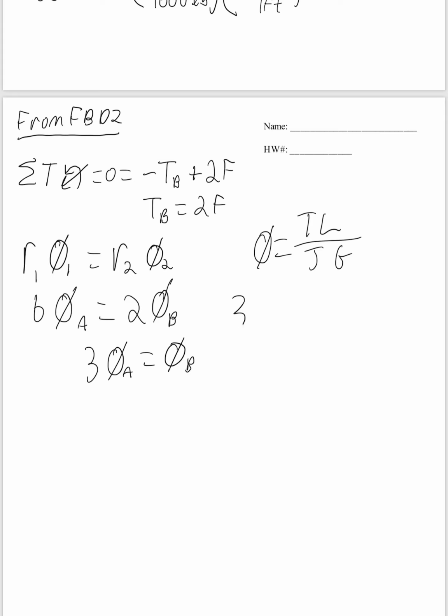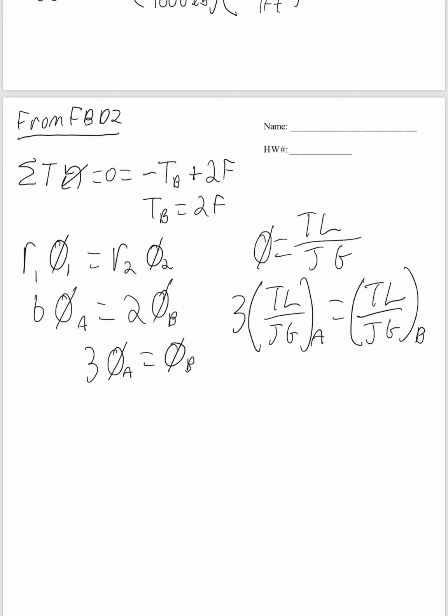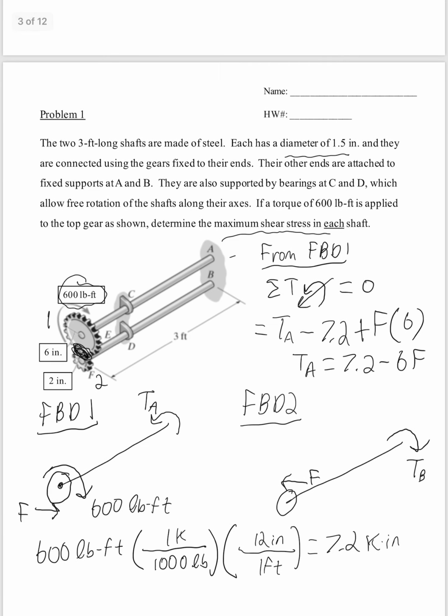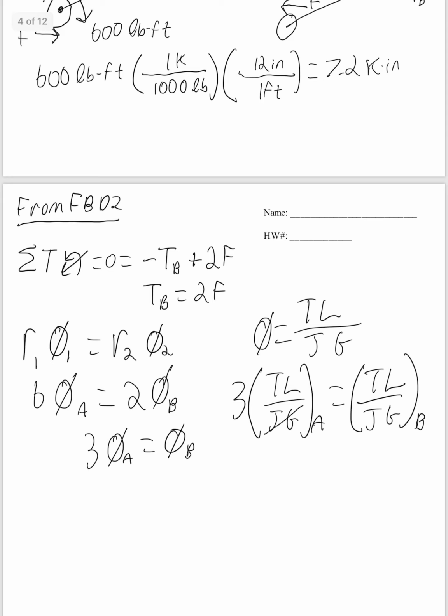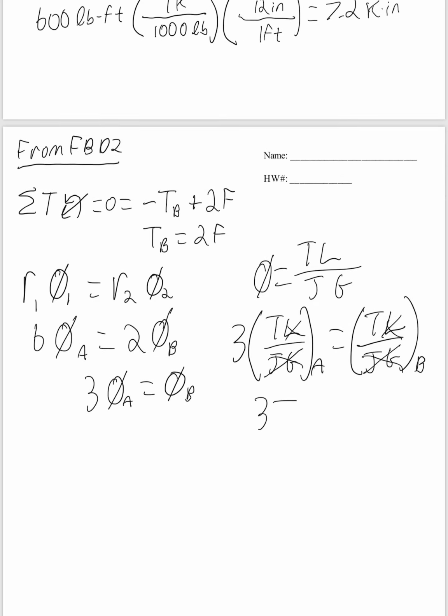Plugging that in, we get 3 times TL over JG of A equals TL over JG of B. Now if you remember up here, both the shafts are made out of steel and they both have the same diameter. So that means our J's and our G's are the same, so they cancel out. Both of the shafts are the same length, so those cancel out. So we're left with 3 times TA equals TB.